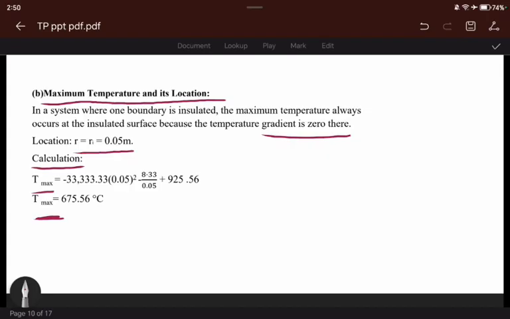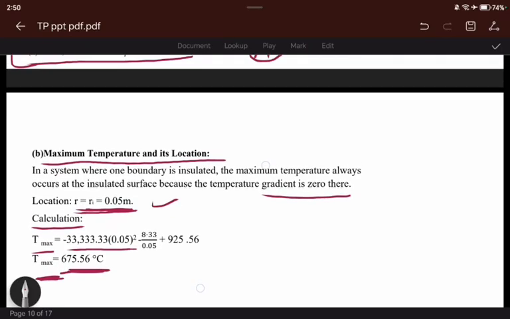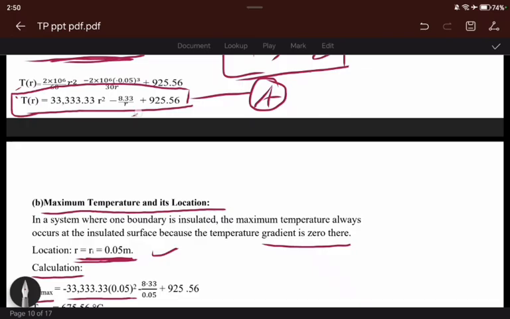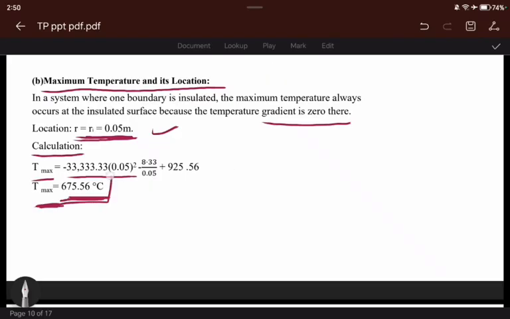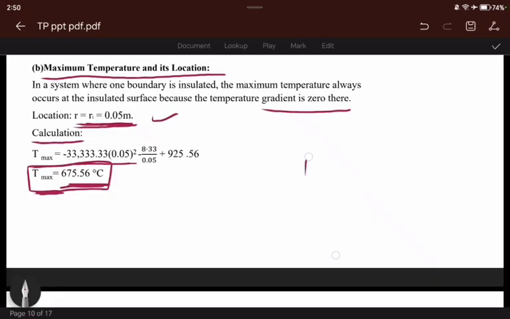So the location of that T maximum is ri, that is inner surface, 0.05 meter, and we have to find the maximum temperature. That we will get by putting the value of ri, that is 0.05. So we will get our maximum temperature, that is 675.56 degrees Celsius.